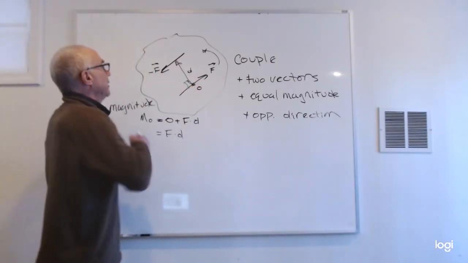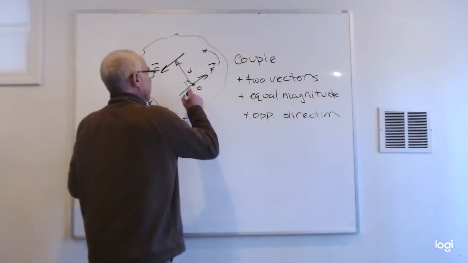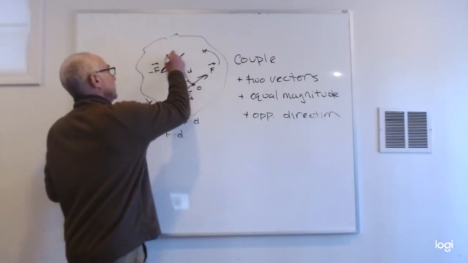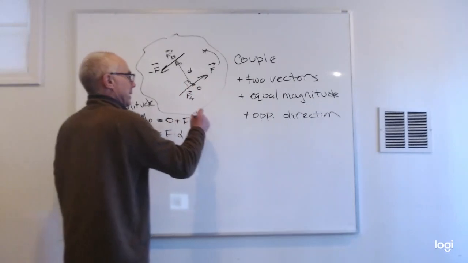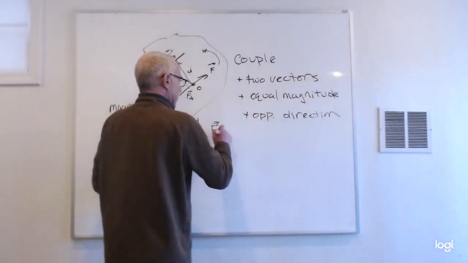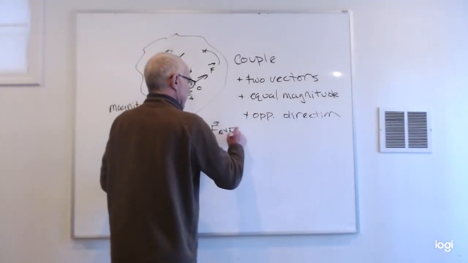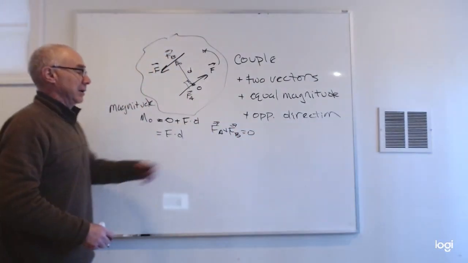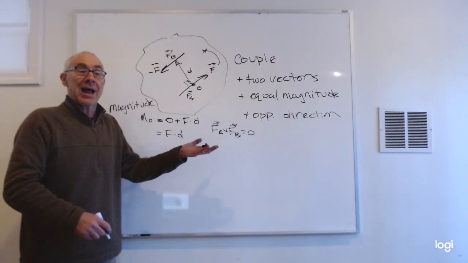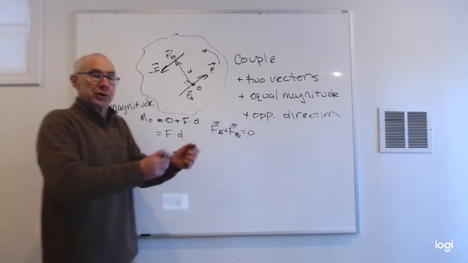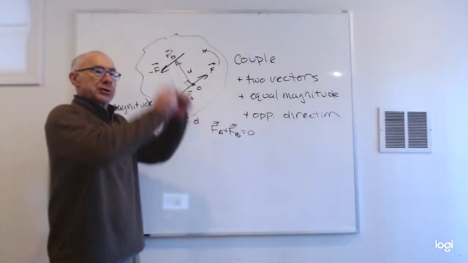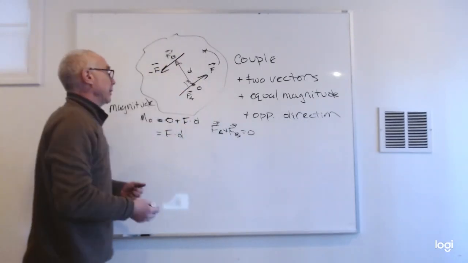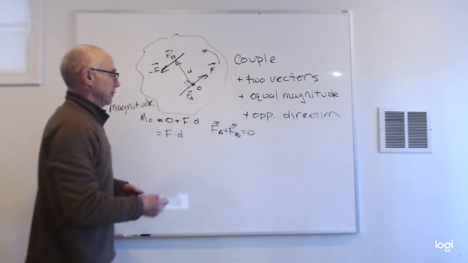So if I called one FA and the other FB, and knowing they're equal and opposite magnitude, FA plus FB equals 0. You're going like, wow, it's not really doing anything, and it's not pushing it in the X direction or the Y direction, but it is causing this thing to rotate or spin around some axis, all right?